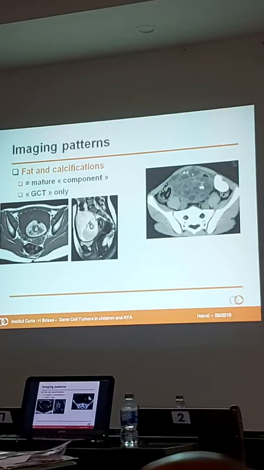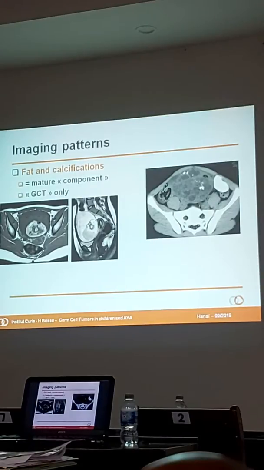You can say it is certainly a germ cell tumor. It is sure it contains teratoma, but maybe something else, some other malignant component, for example. So you need to go further and have the blood test and so on. Okay, so don't write in your report, this is a benign teratoma. Never. It's a germ cell tumor, it contains teratoma and maybe something else.